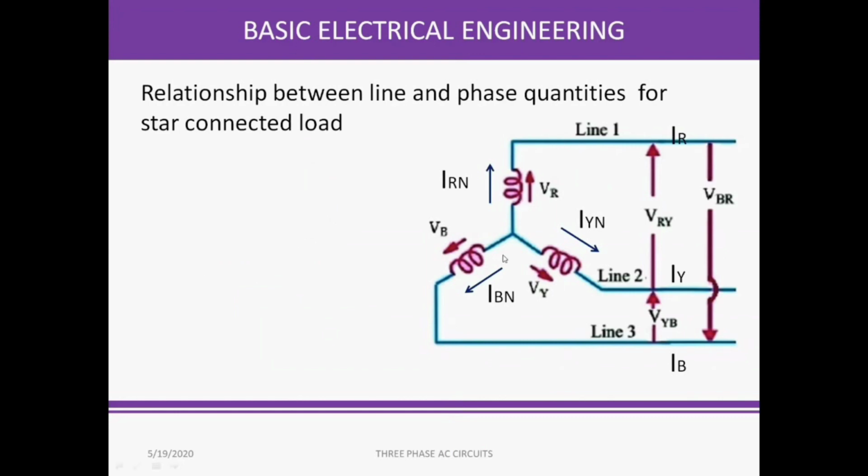Next, we have to derive the relationship between line and phase quantities for the star connected system. Now I have redrawn the same figure again showing all the quantities: the line voltages VRY, VYB, VBR, the line currents IR, IY, IB, the phase voltages VR, VY, VB, and the phase currents IRN, IYN, IBN. What you observe from the diagram is that the current IRN which flows in the winding is the same as the current IR.